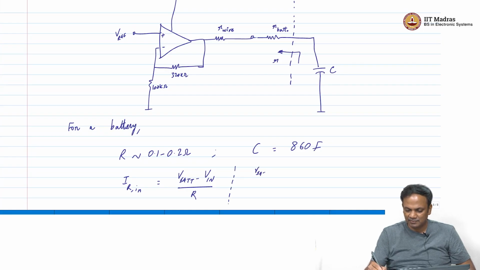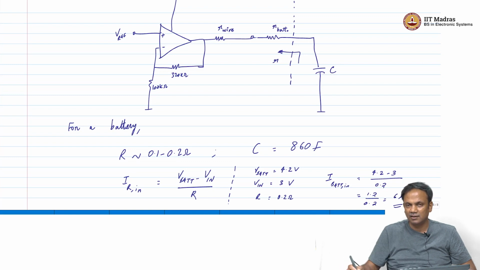If V bat is 4.2 and V in is 3 volt, R is 0.2 ohms, the initial current flowing into the battery is 4.2 minus 3 by 0.2, which is 1.2 by 0.2, which is 6 amperes, very large.